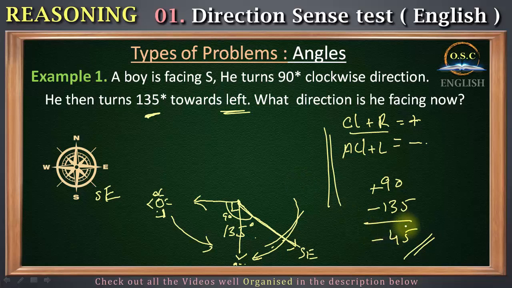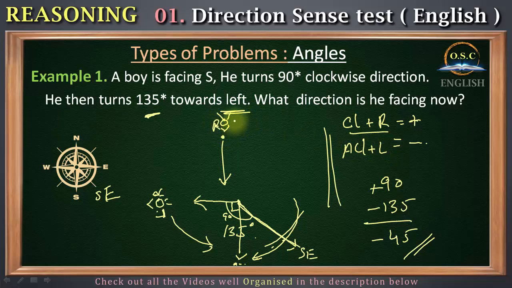What do we have got here? Minus 45 degrees. We'll have to subtract 45 degrees. So now consider if he's standing here and looking towards this direction. He is facing south. So what do we need to do here? We have to go back 45 degrees. So minus 45 is nothing but anti-clockwise or towards his left, because negative is left or anti-clockwise.